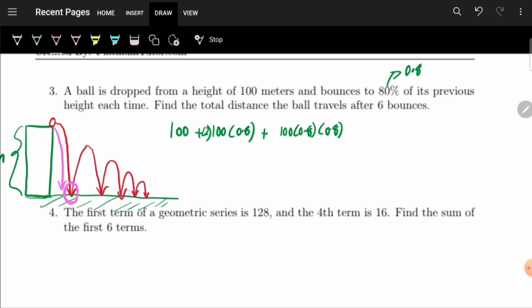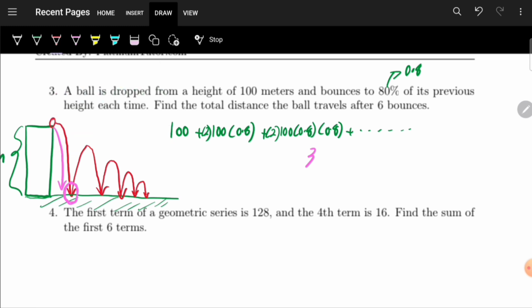Which means we'll have 2 of that again. Okay, and we'll keep going like this. All right. So this represents the distance traveled after the second bounce, right? So this is bounce 2, this is bounce 3, and so on.